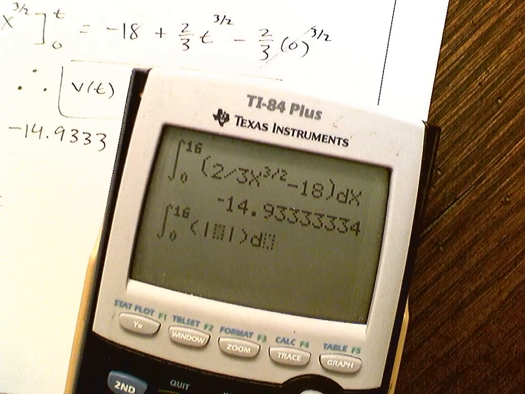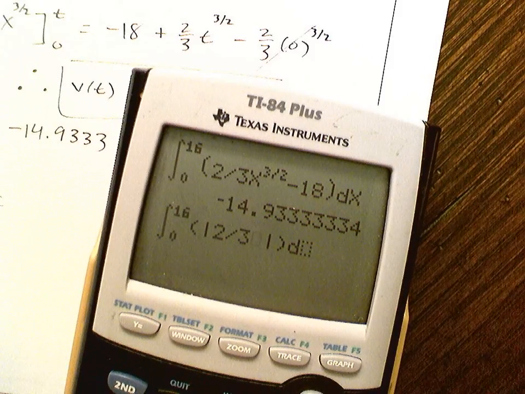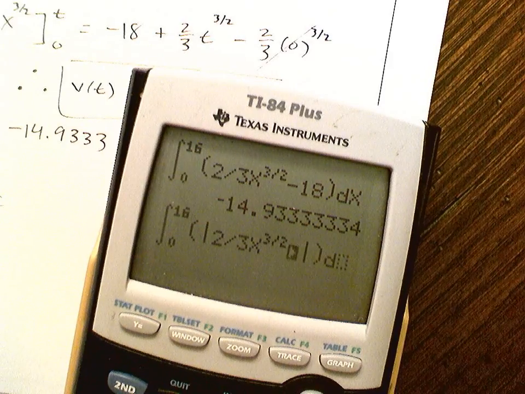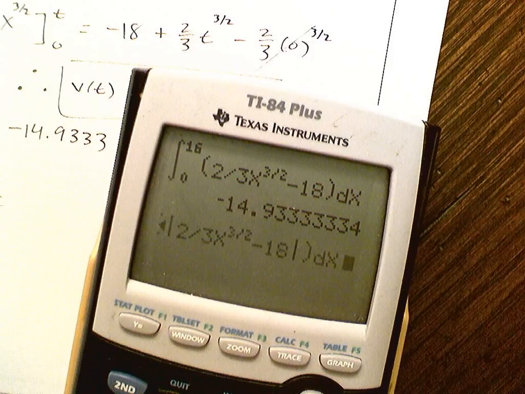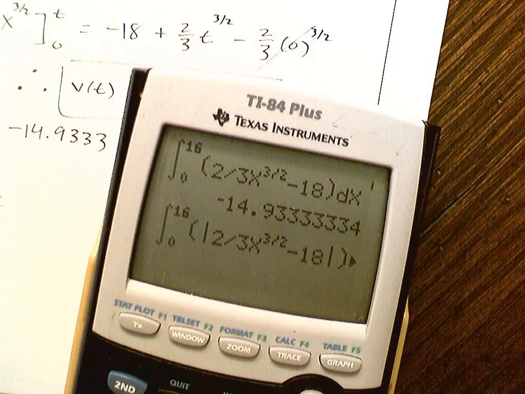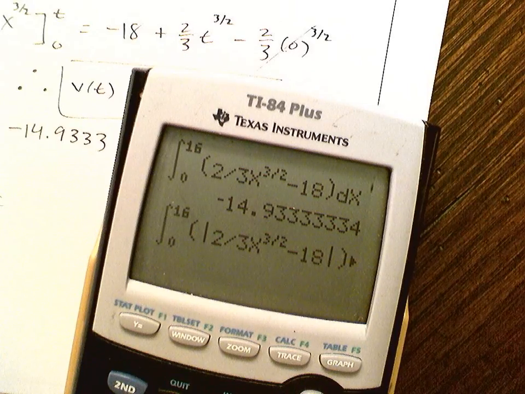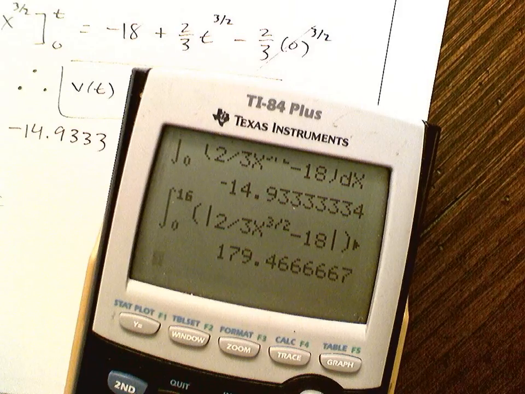Okay, that'll give you an absolute value function. So x to the 3/2 minus 18. Okay, so that's the total distance traveled.